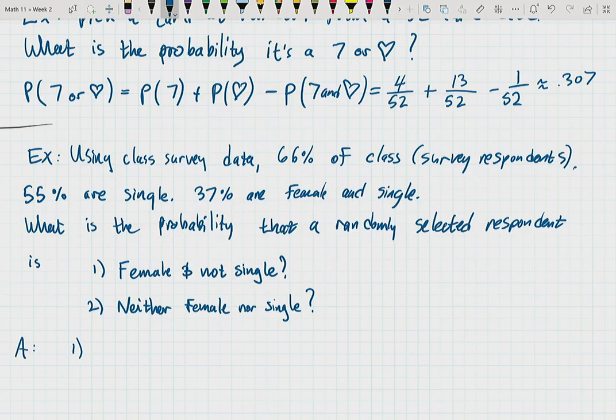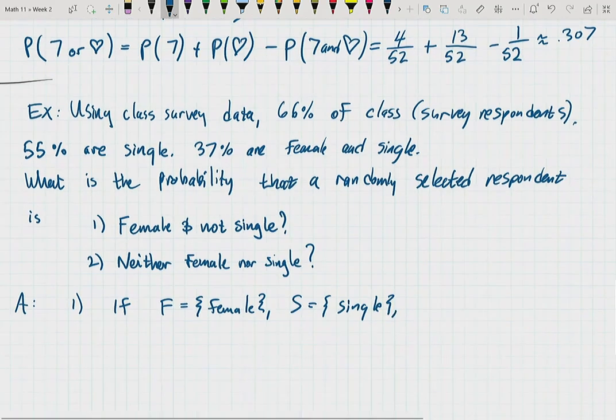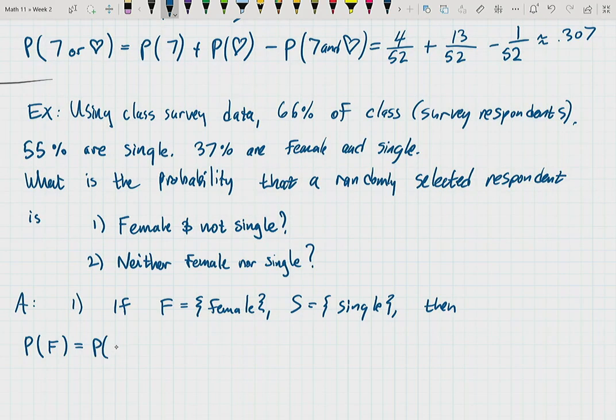And together, they make up all the females. So let F be the female respondents and S be the single respondents. Then the probability that the respondent is female is, by the addition rule, the probability that the respondent is female and single plus the probability that she is female and not single.